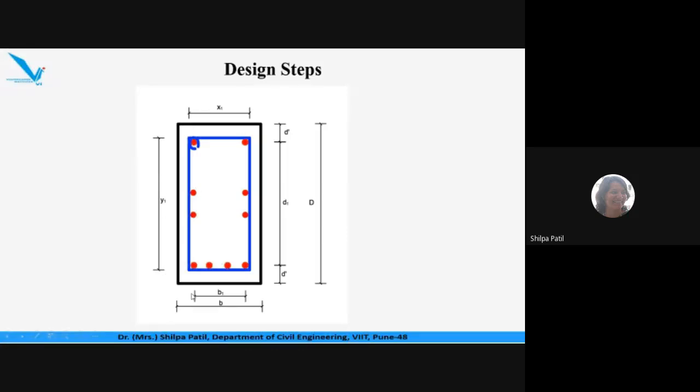Total depth D minus D dash: we have to add half the bar diameter in this direction or this direction, plus half of the stirrup diameter also. So simply capital D minus D dash plus phi s.